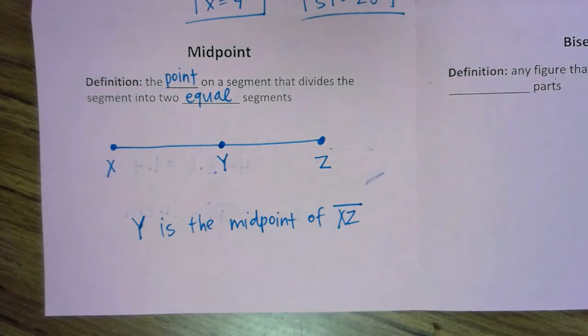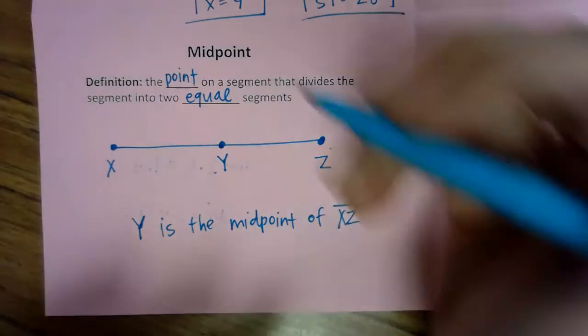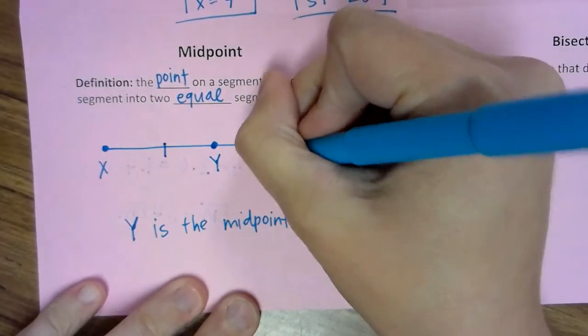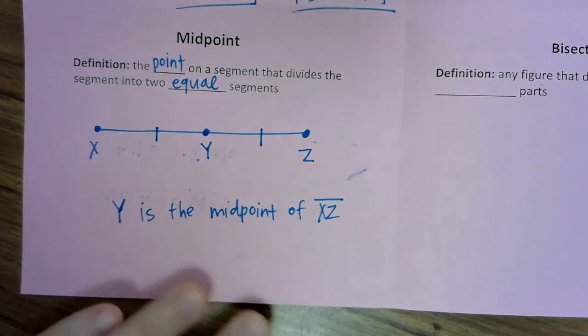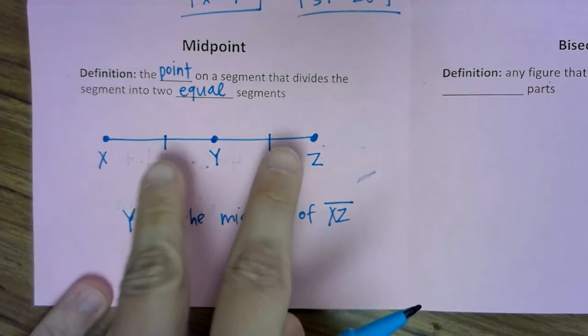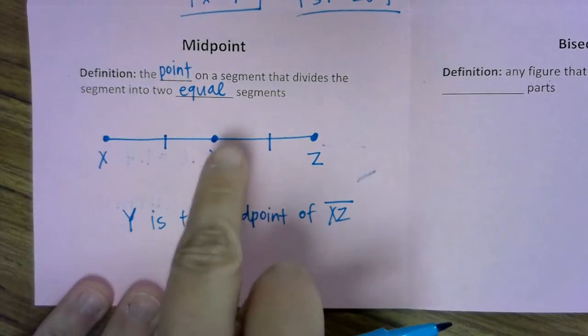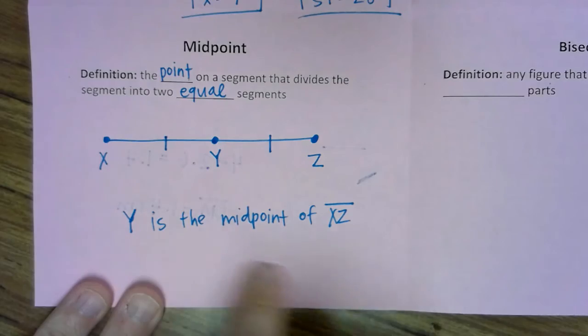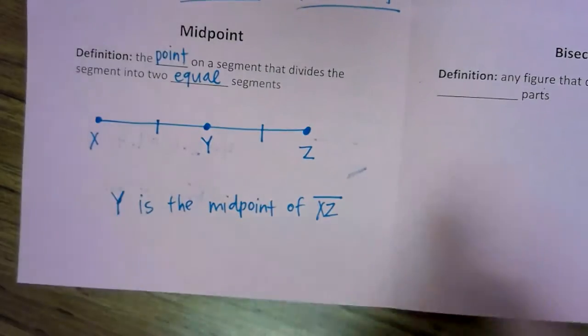Like, am I positive when I look at this picture? No, I didn't use a ruler. I didn't measure that. I don't know that. But the way I can know it is from these little marks. Remember, I just told you those little marks mean congruent. So now that I've put those marks in, I know for sure that since these are two equal segments, Y must be in the middle, meaning Y is the midpoint of XZ.